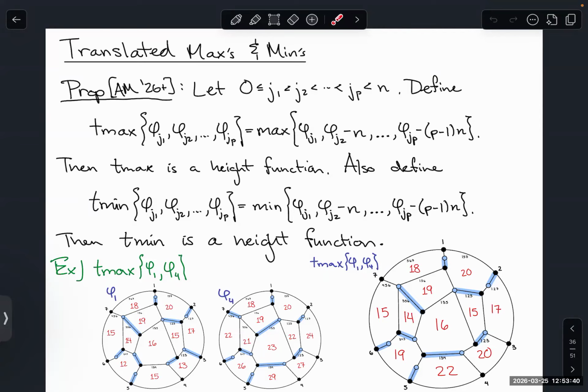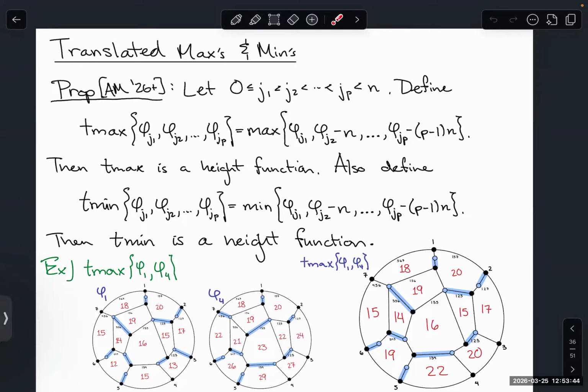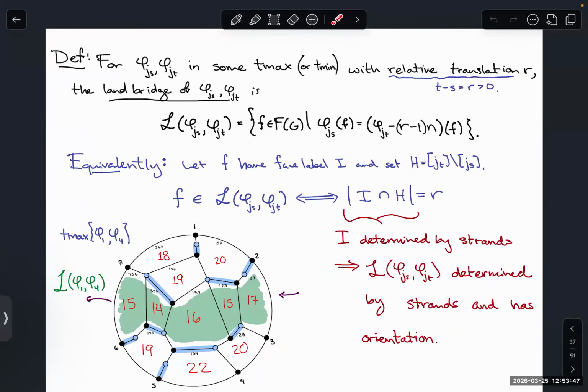And there's more to say about where that's coming from. But if we wanted to know how we could prove that these are indeed height functions, we have to look at how we can compare just two of these fundamental heights that appear in a Tmax or a Tmin. What we can define is the so-called land bridge of phi js and phi jt.